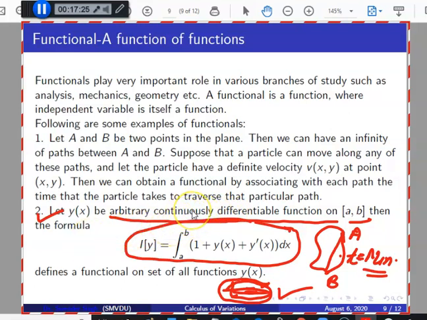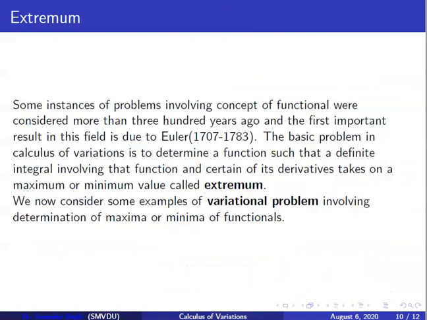So next thing, you see extremum. In a function you find the maximum or minimum value. But in functionals you find the function along which the value is maximum or minimum.